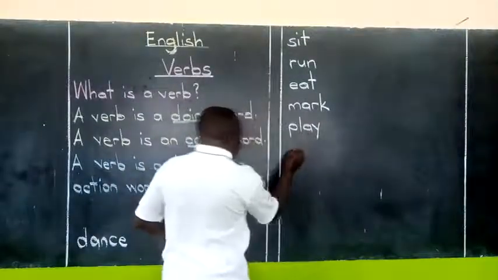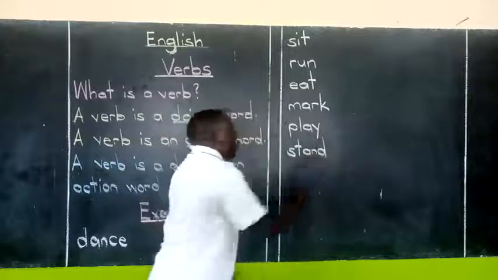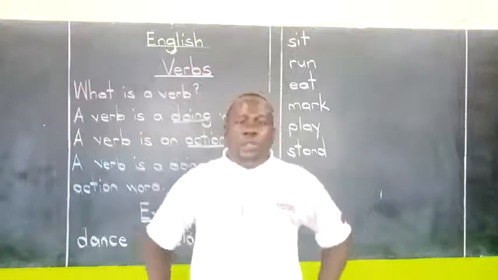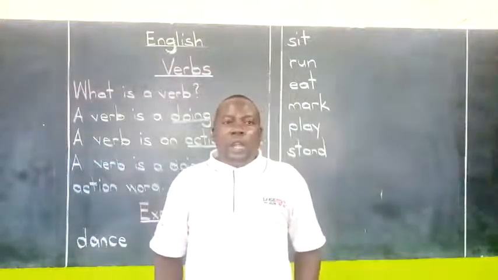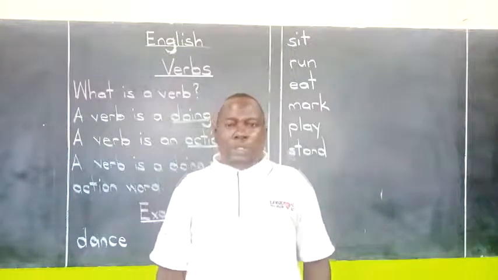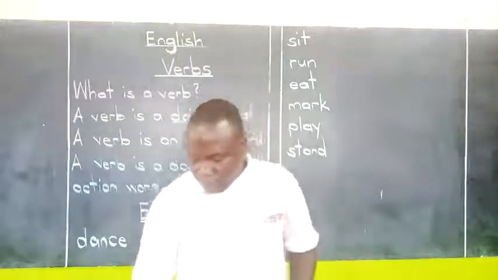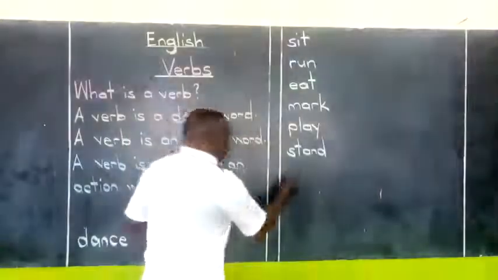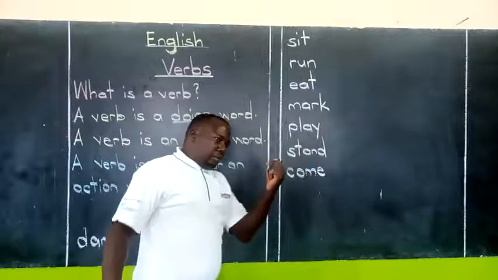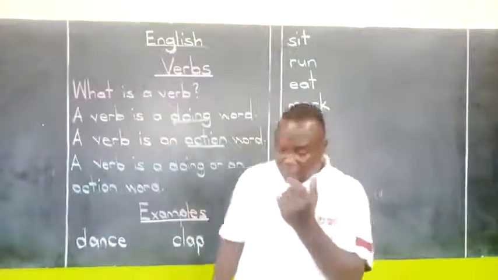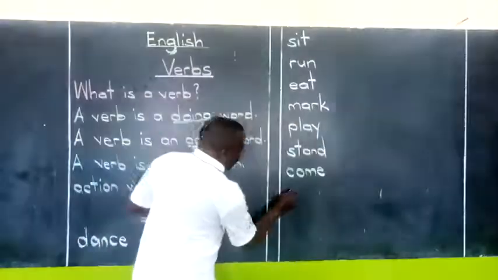We have stand. Like right now I'm standing. Even you can stand. A word comes with an action. That is why it is called action word. We have come. It is a verb. Action word.